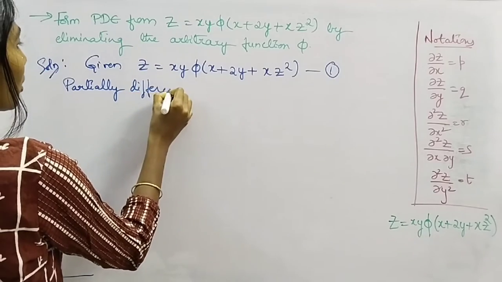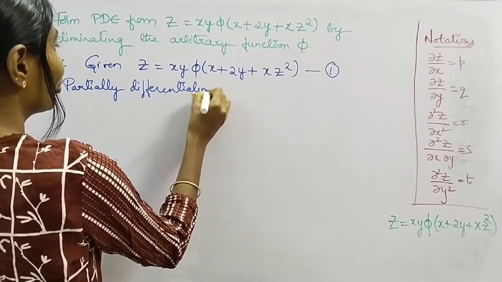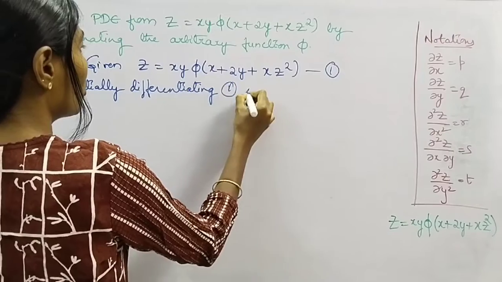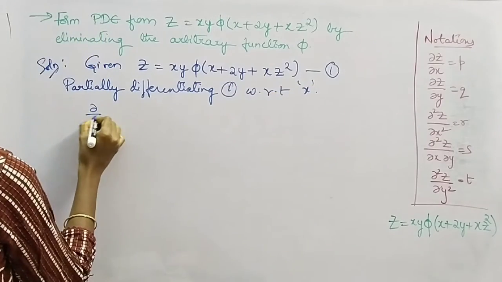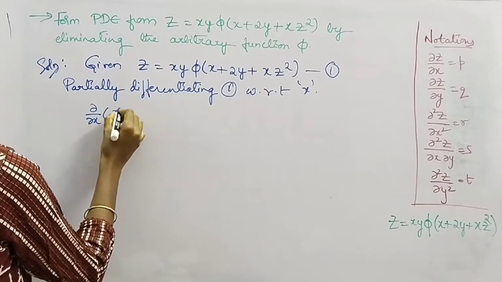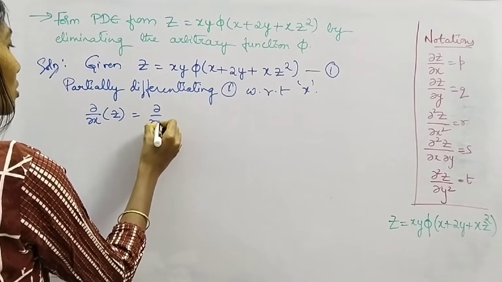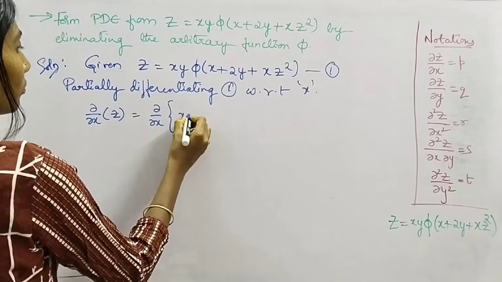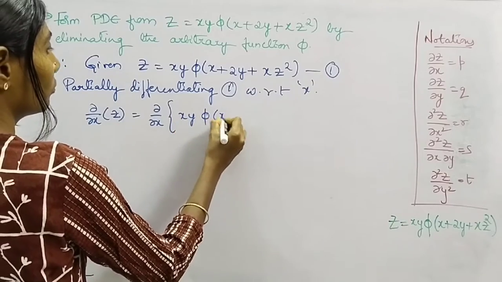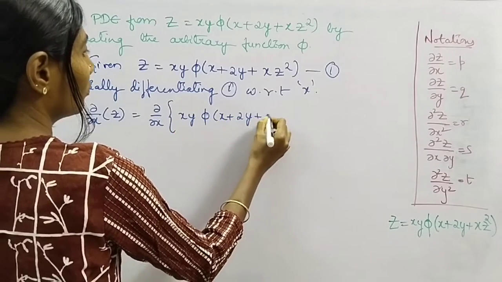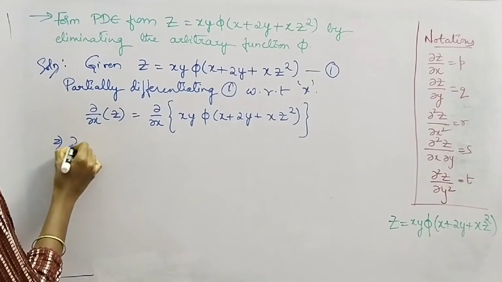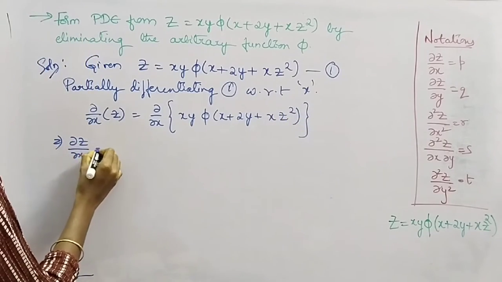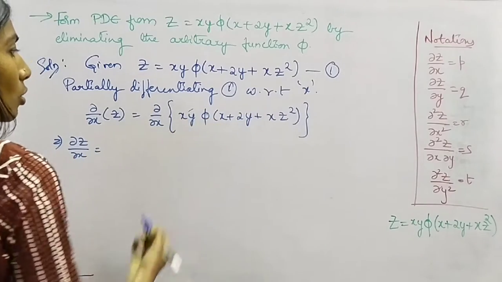Partially differentiating 1 with respect to x. Just apply dou by dou x on both sides of 1, or you can just skip this step and do it directly. This gives us dou z by dou x equal to, here y is constant, right?